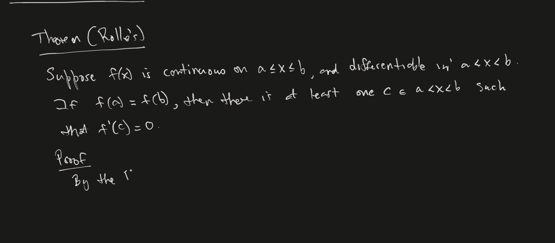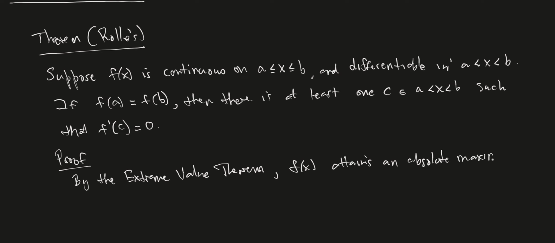By the extreme value theorem, because we have a continuous function on a closed interval, f of x attains an absolute maximum and an absolute minimum somewhere on this interval.